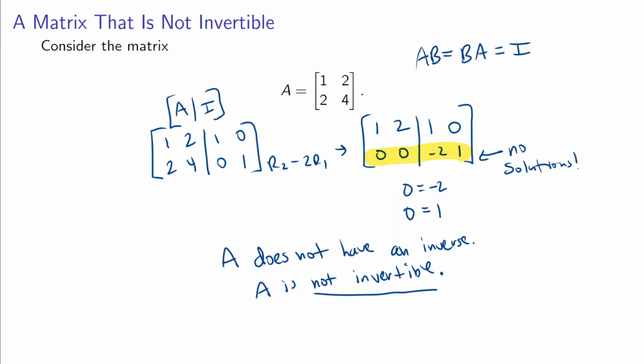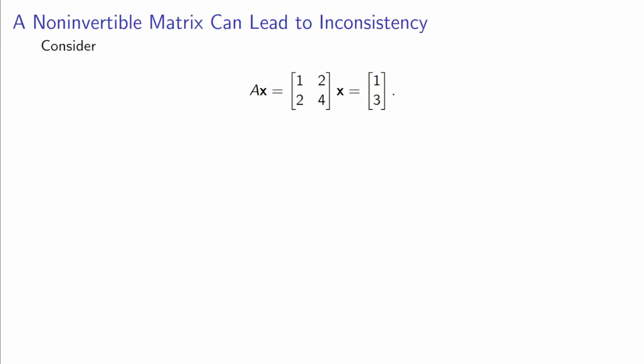And so if we cannot row reduce A in order to get the identity to follow through with this algorithm, then A is not going to be invertible. We'll see that more formally in a little bit, but I just wanted to start with this example. What does this mean for equations involving this matrix A?